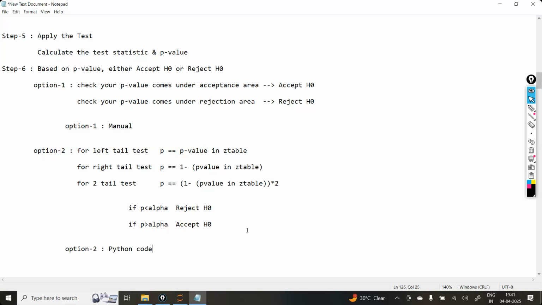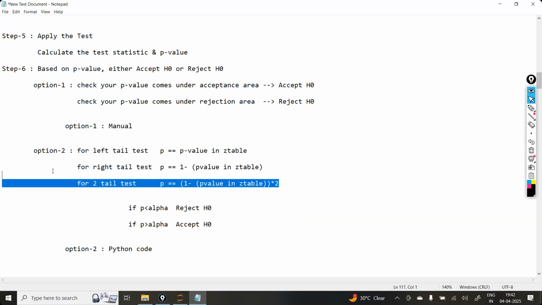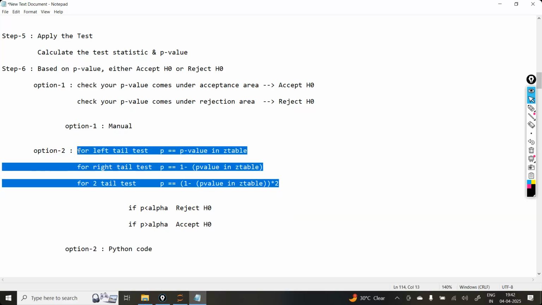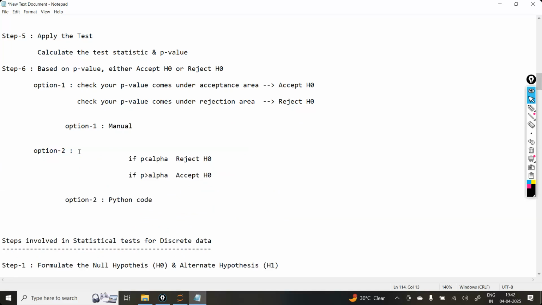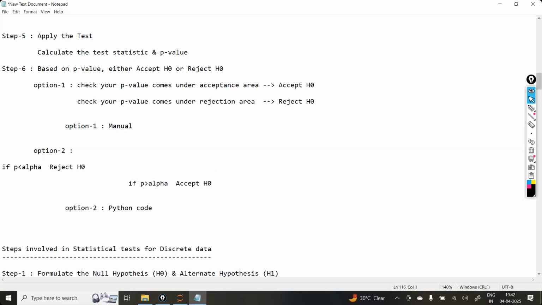Is the point clear, everyone? For option 2, what happens? If p value is less than alpha, reject. If p value is greater than alpha, accept. This is option 2. If p value is less than alpha, reject the null hypothesis. If p value is greater than alpha, accept the null hypothesis.